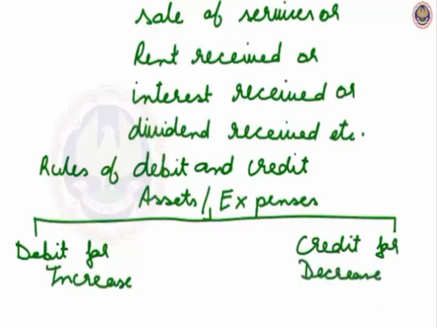So whenever there is increase in assets or increase in expenses, we will always debit it. And whenever there is decrease in expenses or decrease in assets, we will always credit it. So this is simple.